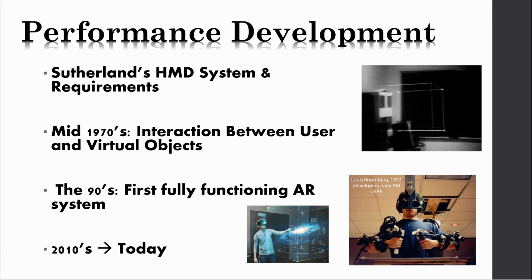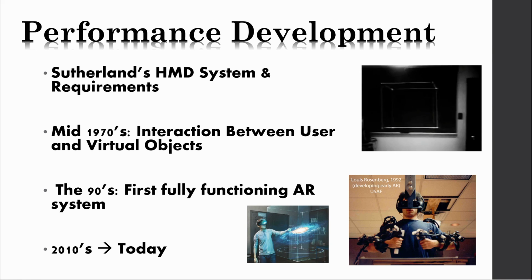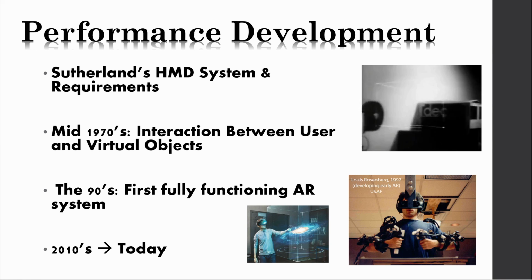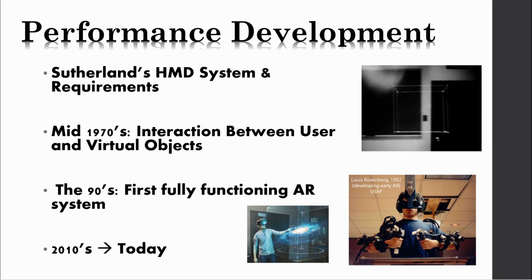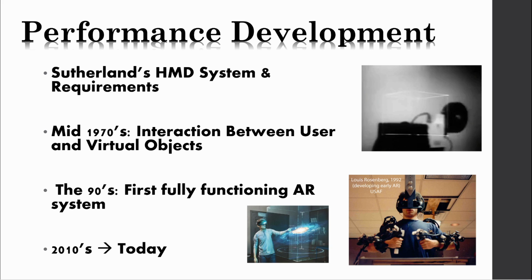Cool. Now let's talk about some performance development. Checking out how the performance has changed over time, Sutherland's HMD system was producing images simply such as the one on the GIF presented on the right.